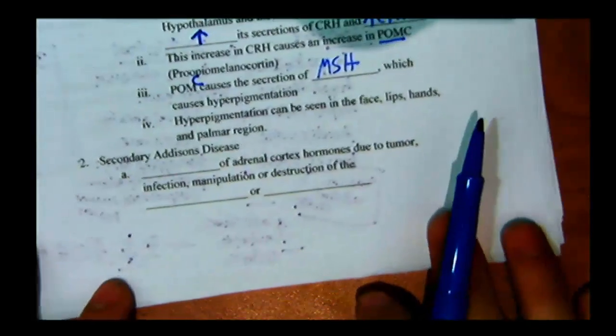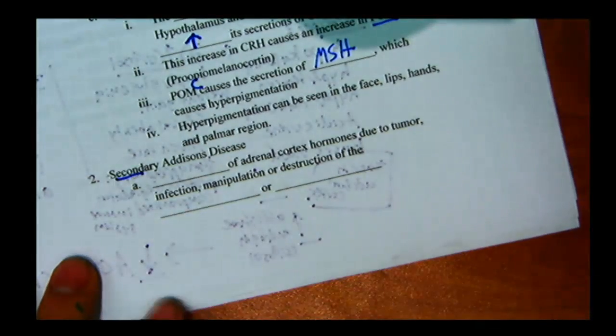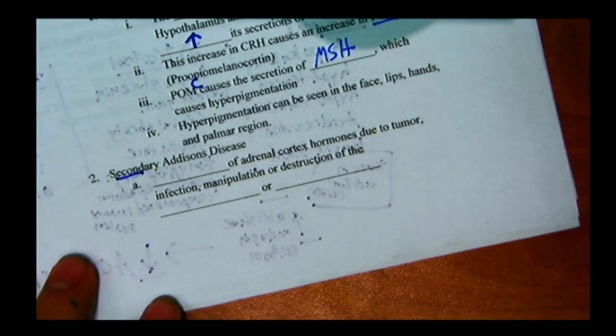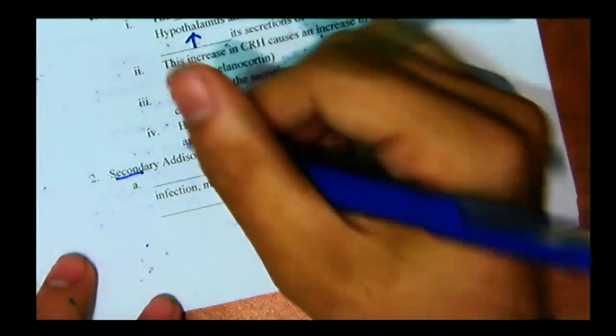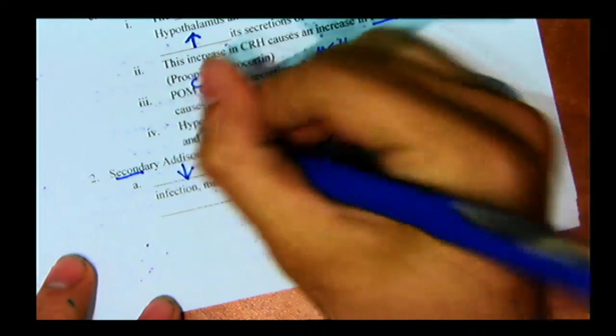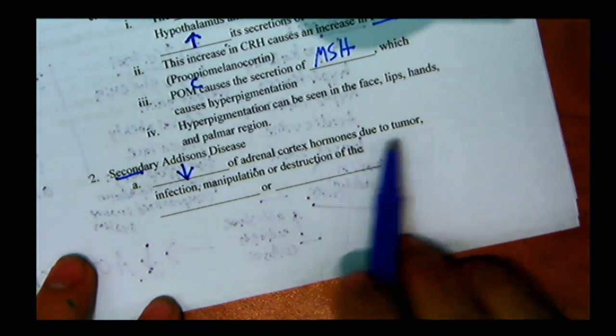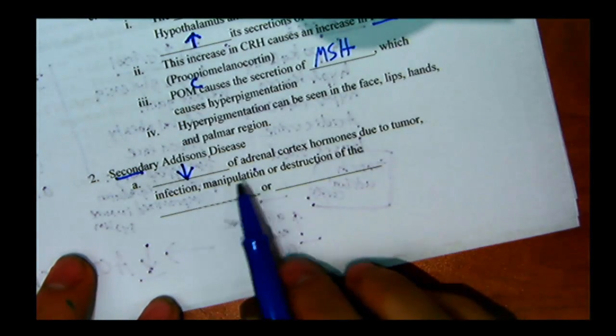So now we are at secondary Addison's. So is it an increase or decrease of adrenal cortex hormones? Decrease. Remember, Addison's always decrease. Due to tumor, infection, manipulation, or destruction of the what?